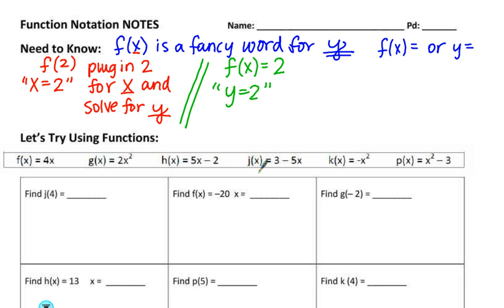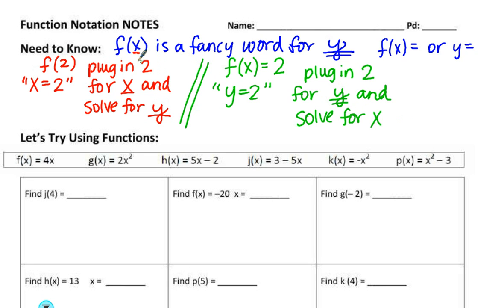If they give us a y value, we plug in 2 for y and solve for x. Most of the time you'll see this first version, but on occasion you will see this second version. You just gotta pay attention. Which did they give you, x or y? And then you solve for the opposite.